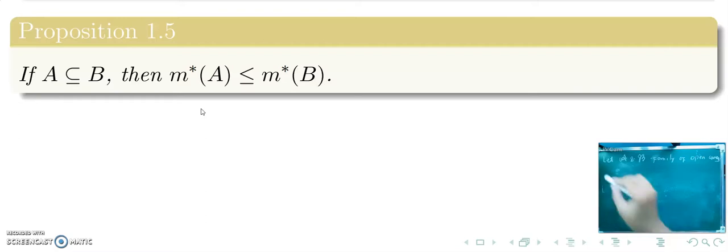Say for example, this collection I sub n covers A. So A is a subset of the union of the intervals I sub n, where n is from 1 to infinity. This is the collection of open covers of A.